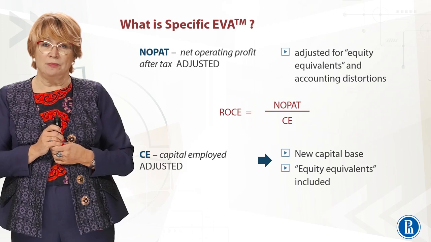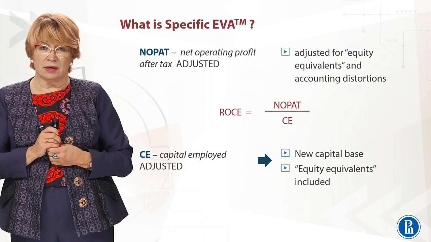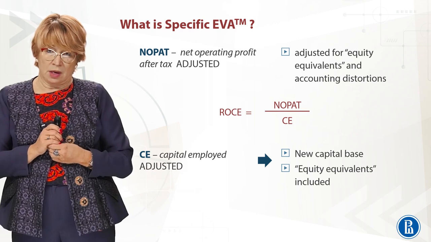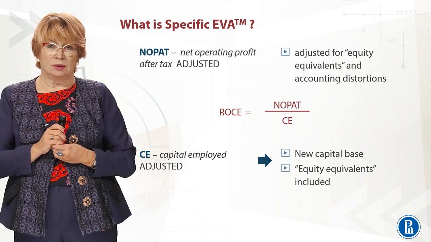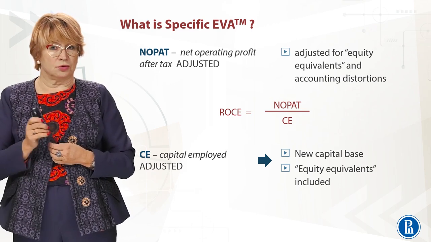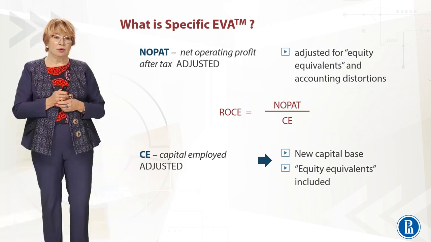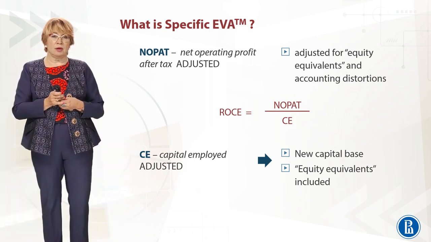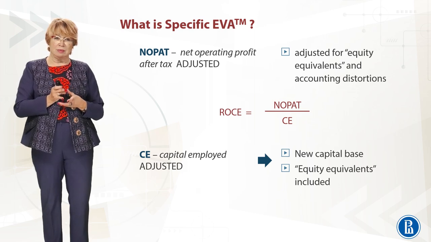So NOPAT, net operating profit after tax, should be adjusted for this equity equivalence first and for the so-called accounting distortions I will show you in a few minutes. And the denominator when computing return on capital employed also should be adjusted.